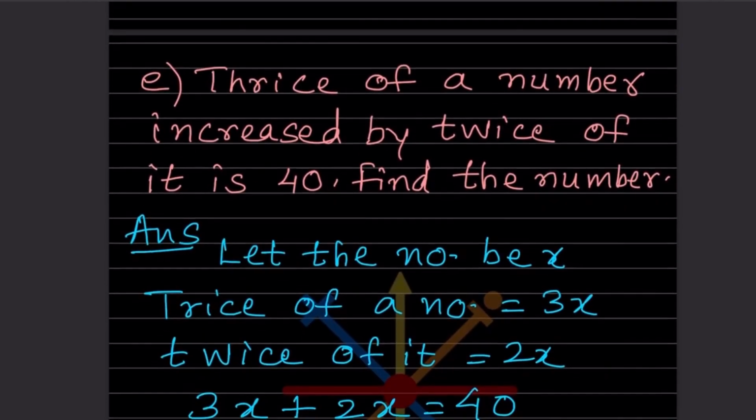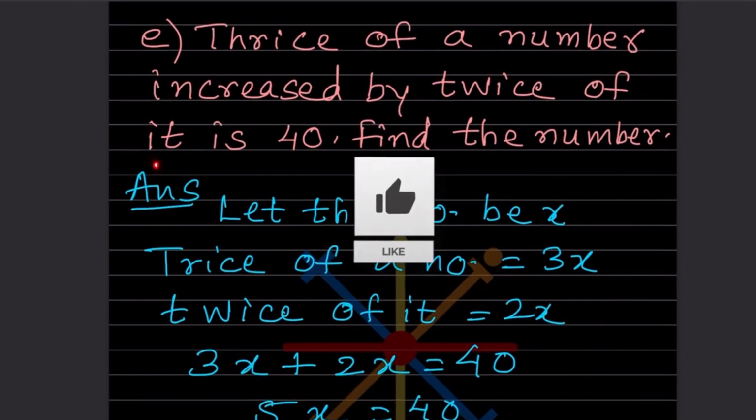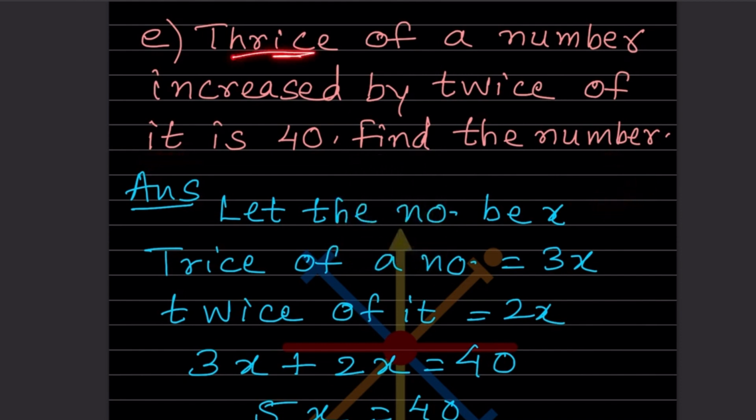Thrice of a number increased by twice of it is 40. Find the number. Let the number be x. Thrice of it is going to be 3x, and twice of it means 2 into x, that is 2x.